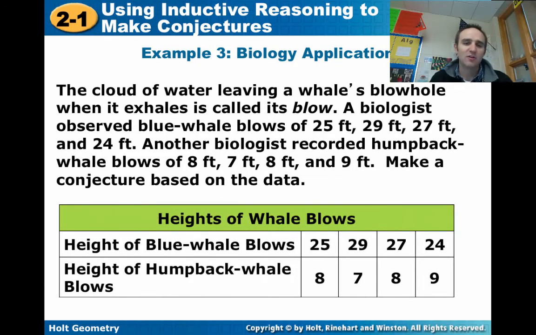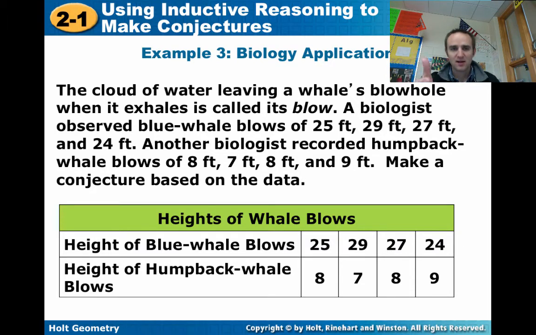So if we look at data tables, we can use conjectures in data tables as well. This would be a biology application, something that scientists would do. So if we're looking at the height of the whale's blowhole or the water coming out of it, you see the data in the chart. If we wanted to make a conjecture about that, well, there's a couple different things we could say.